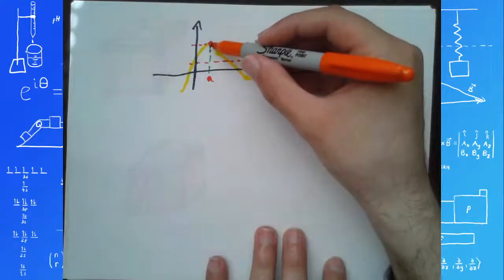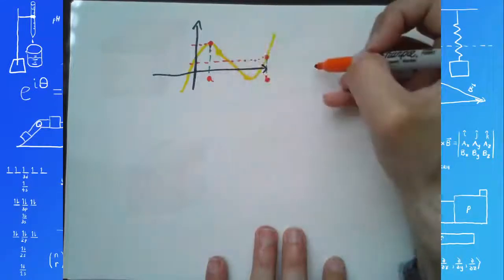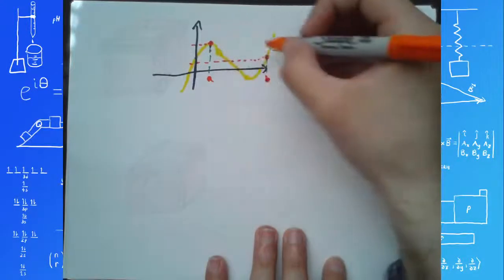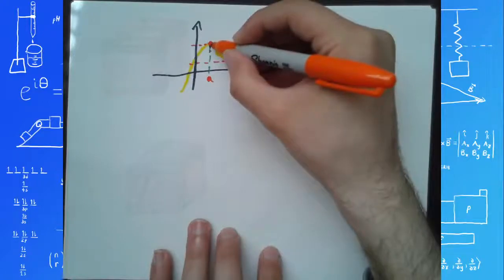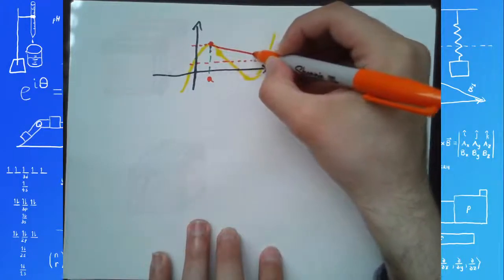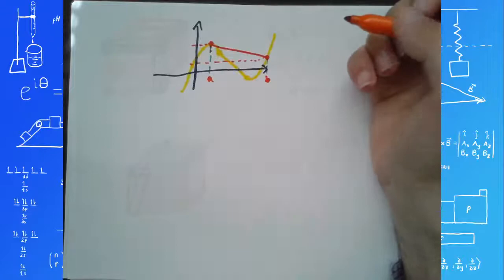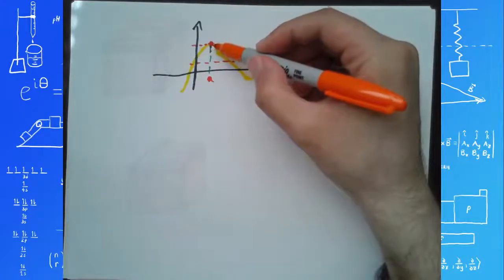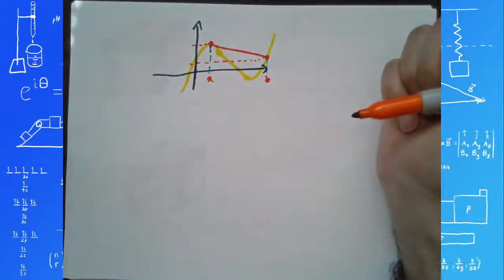One way is going straight from this point to this point. You could just go straight there, in which case you're passing through all the y values in between.